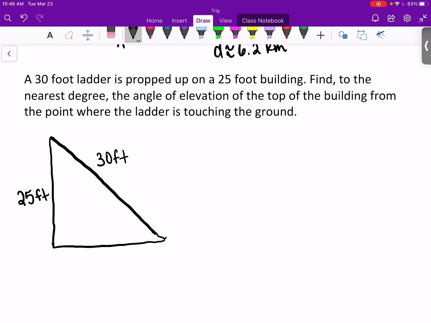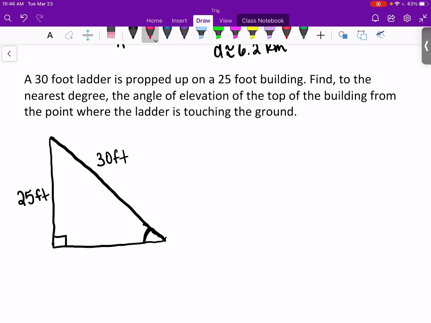Find, to the nearest degree, the angle of elevation of the top of the building from the point where the ladder is touching the ground. Well, here's the point where the ladder is touching the ground. So the angle of elevation to the top of the building would be this angle right here.